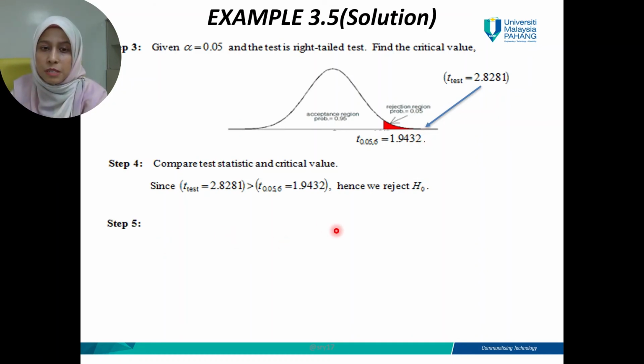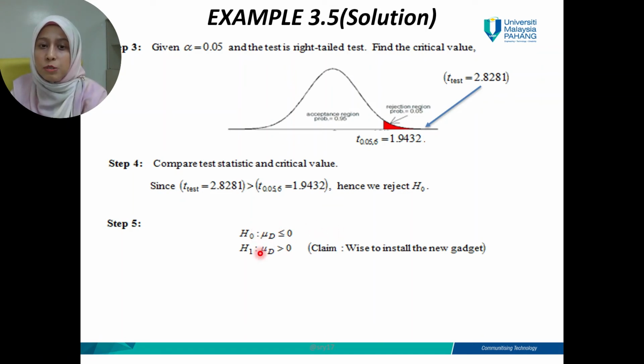So how do we make the conclusion, class? You need to refer to your first step, which is your hypothesis statement. Here the decision is to reject H null, so your H null statement is not supported by our evidence. So we reject H null and we support H1.